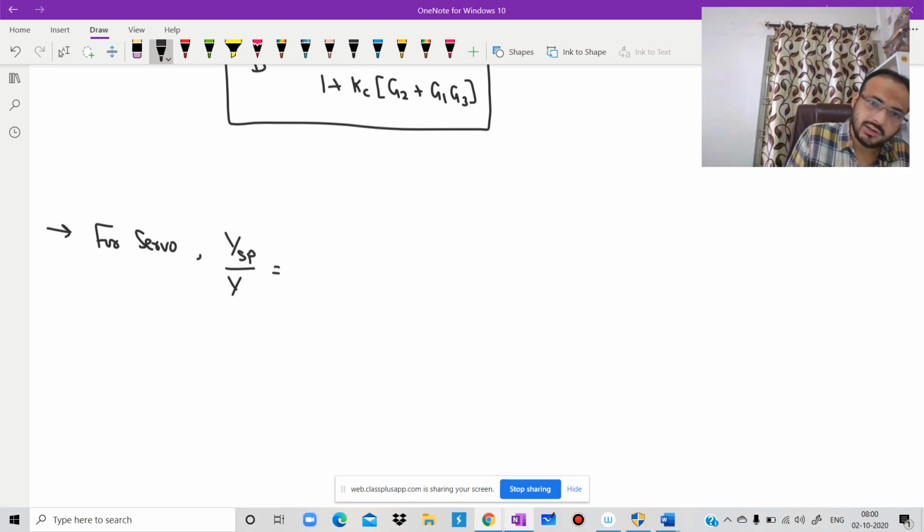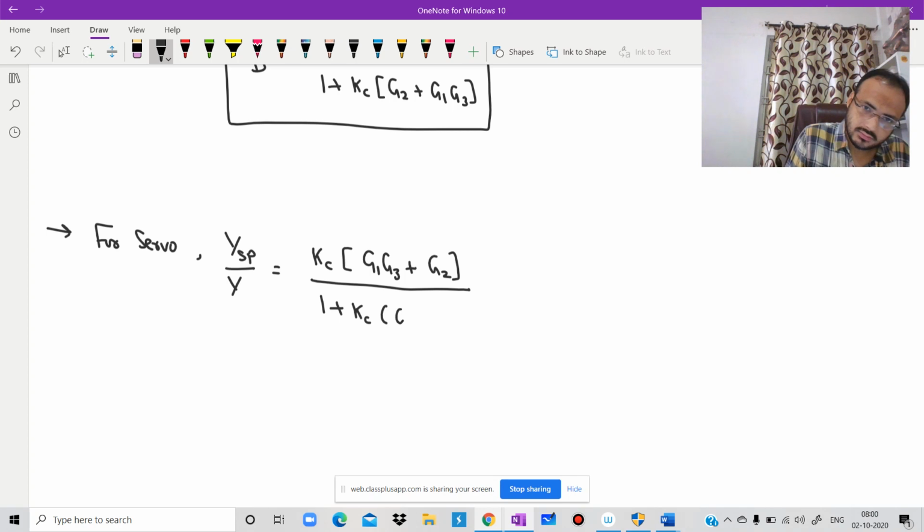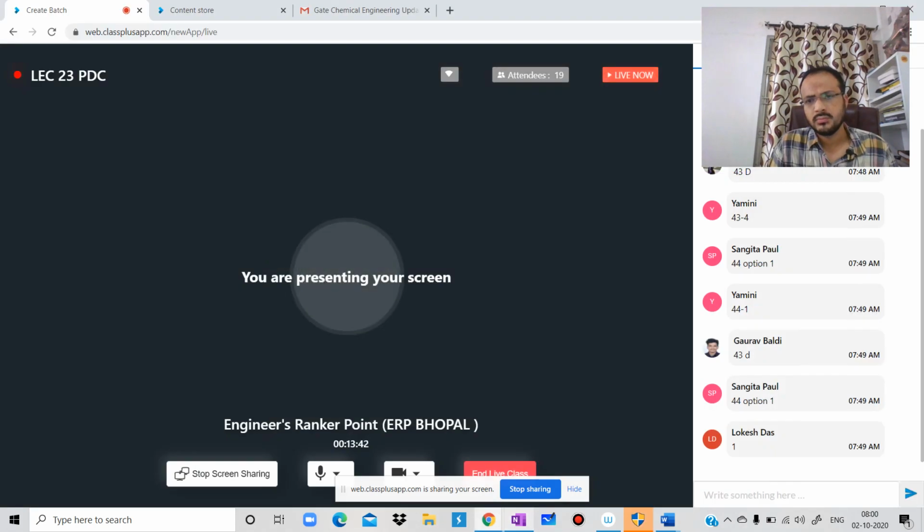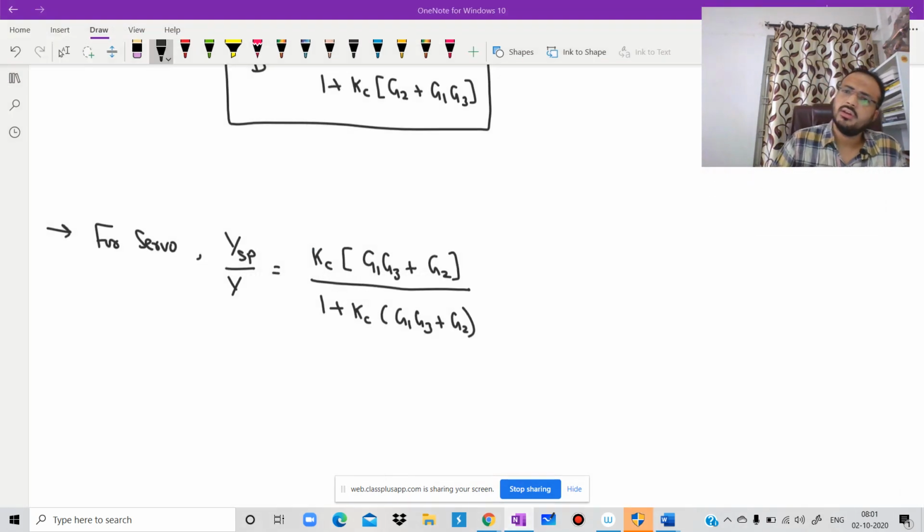I hope you will get the value Kc G1 G3 plus G2 divided by 1 plus Kc G1 G3 plus G2. How many of you got this value? This is the servo one.